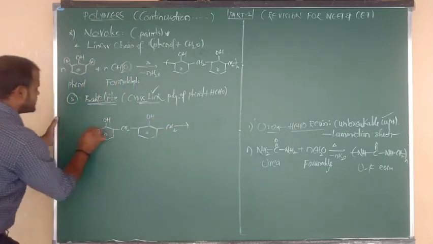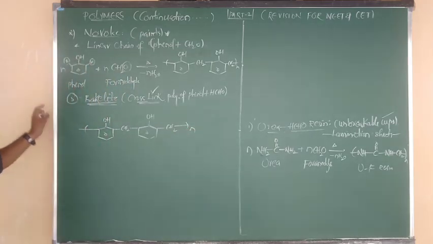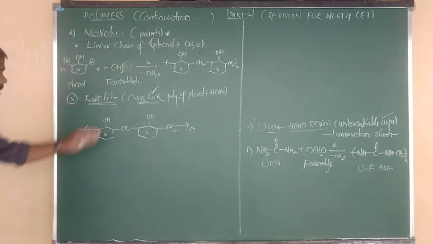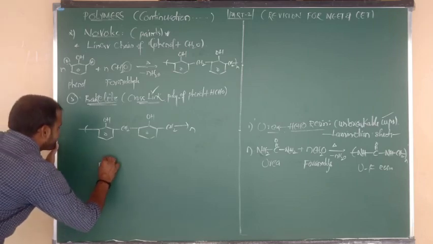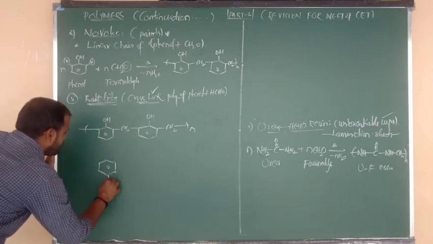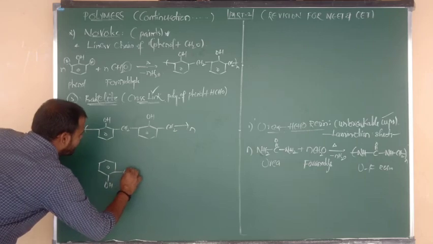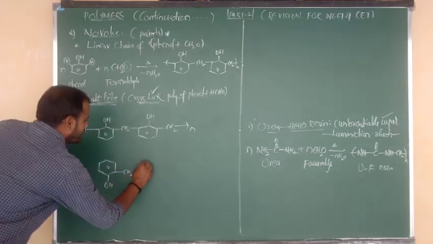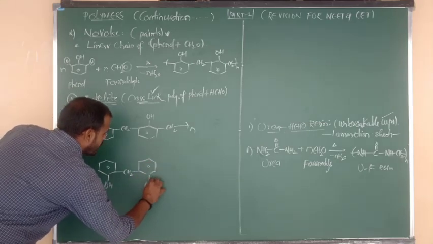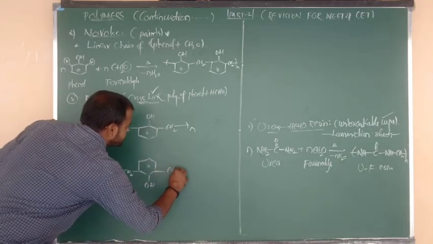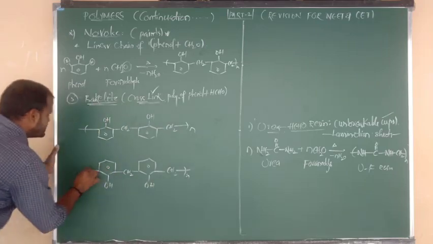Suppose this is polymer chain number 1, looking like Novolac. Now I want to consider another Novolac form. Same thing, benzene bonded to OH, connected to CH2, then benzene bonded to OH, connected to CH2. This is chain number 2.